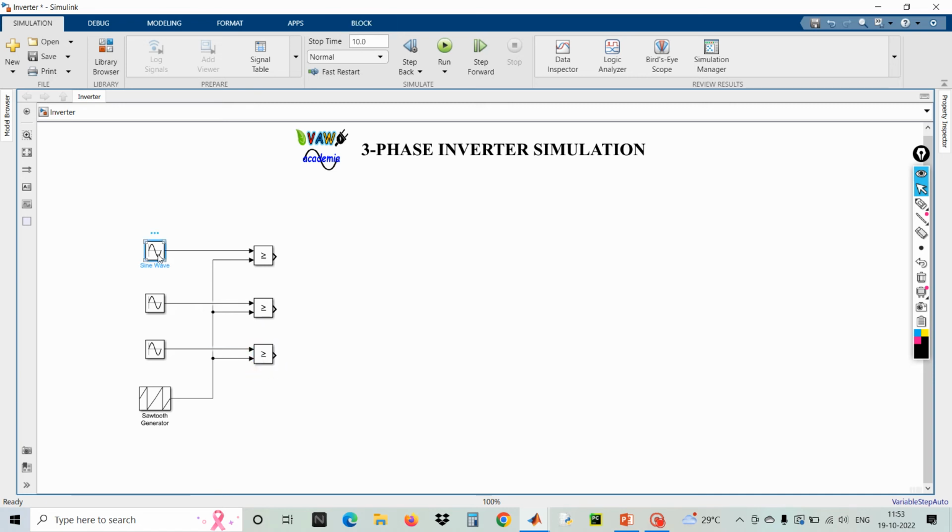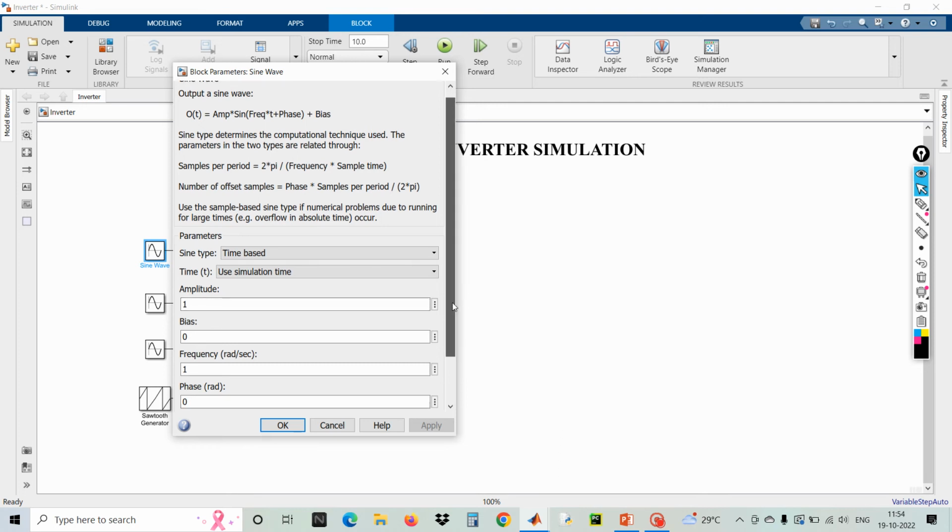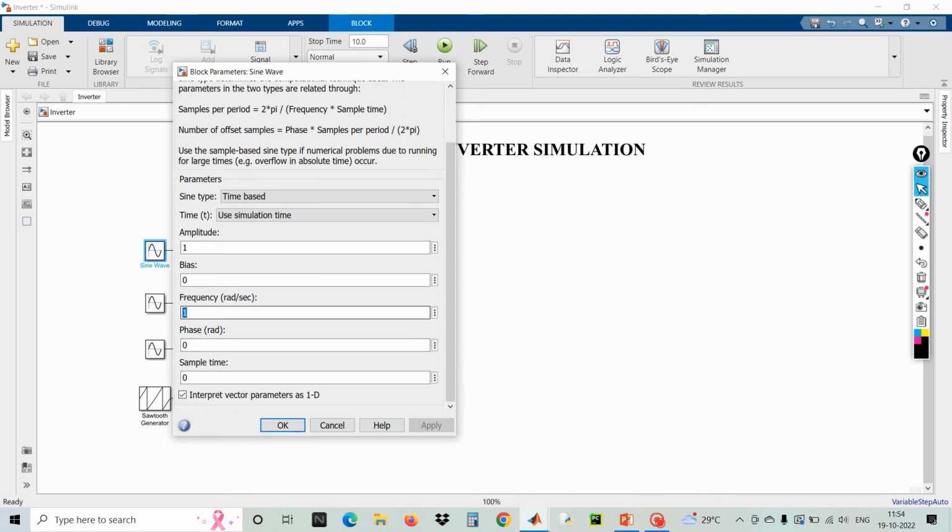For the first sine wave, the sine type is time based, amplitude is 1, bias is 0. I'm going to change the frequency to 2 into pi into 50, and the phase for the first one is 0.